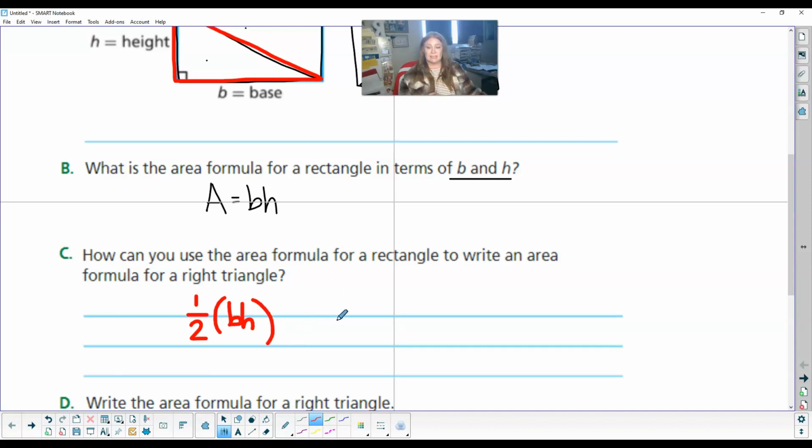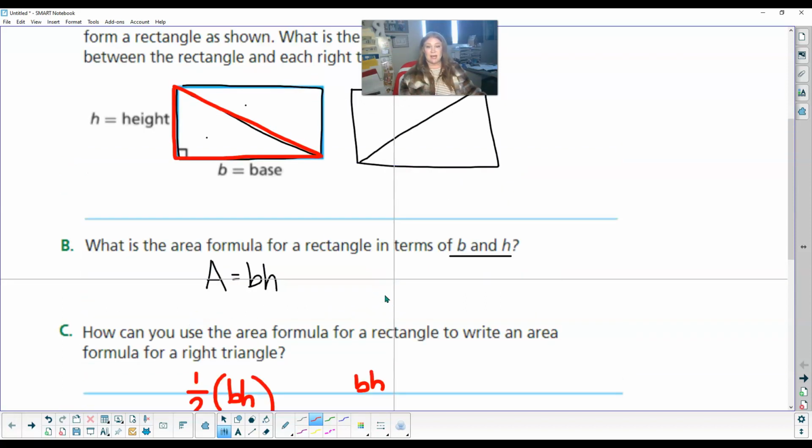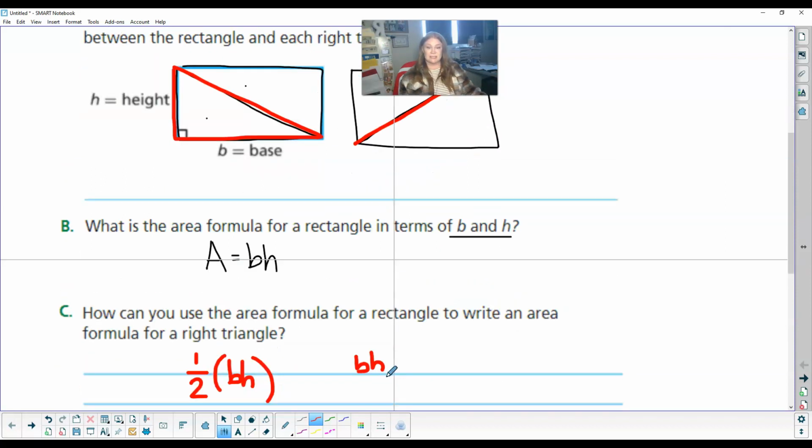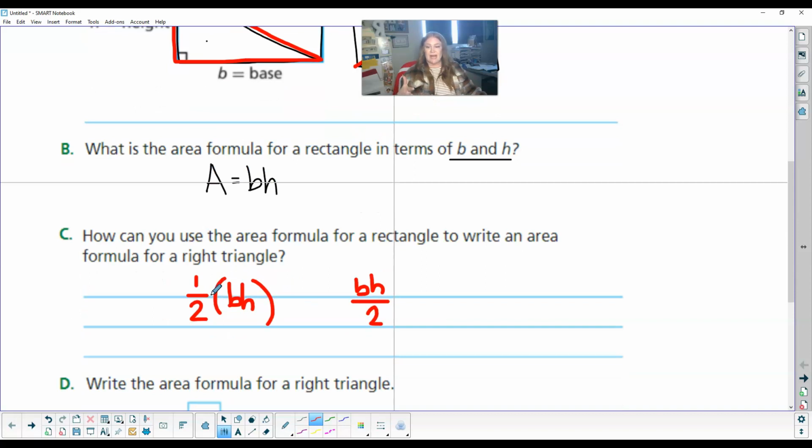So I could take half of the parallelogram, which is base times height, or I can take this parallelogram, base times height, and cut it into two pieces. I can divide it by 2. These are going to give me the same answer. I want half of this parallelogram, right?